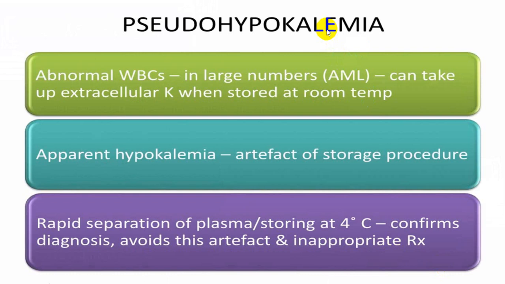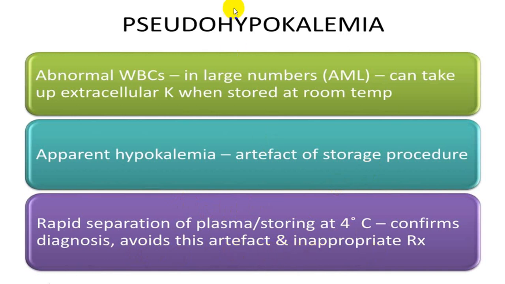So pseudo hypokalemia will be because extracellular potassium, when stored at room temperature, shifts into the intracellular compartment. Apparent hypokalemia can occur because of artifacts in storage. Rapid separation of plasma and storing at 4 degrees centigrade confirms the diagnosis and avoids these artifacts and inappropriate treatment.